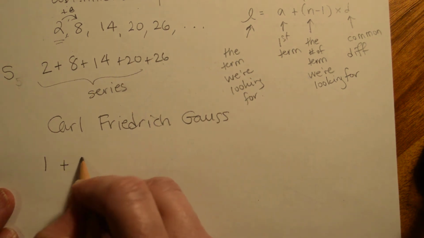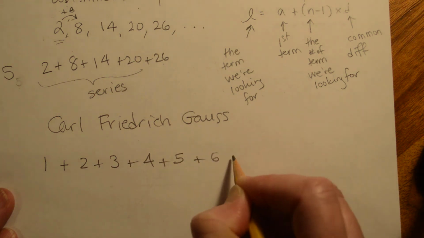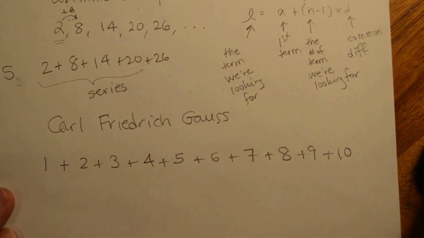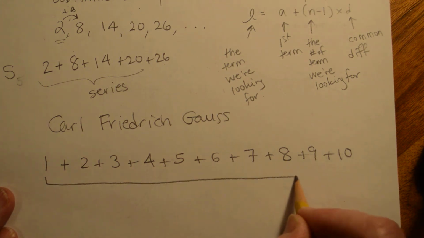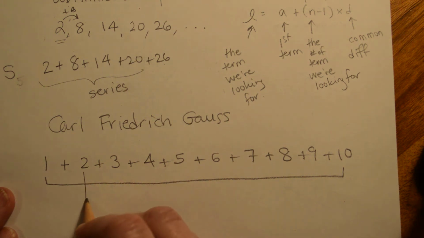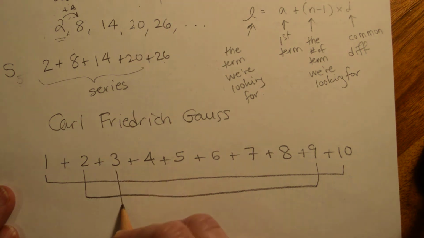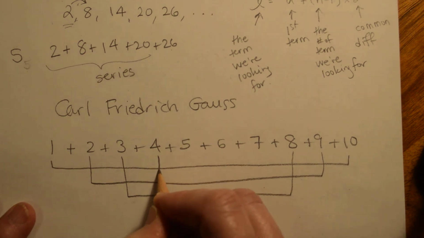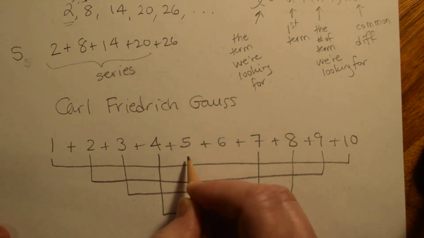So let's say we take the numbers 1, 2, 3, 4, 5, 6, 7, 8, 9, 10. And we want to add them up. Here's what Carl Friedrich Gauss noticed. He took 1 and 10 and added them together and got 11. He took 2 and 9 and got 11. He took 3 and 8 and got 11. He took 4 and 7 and got 11.